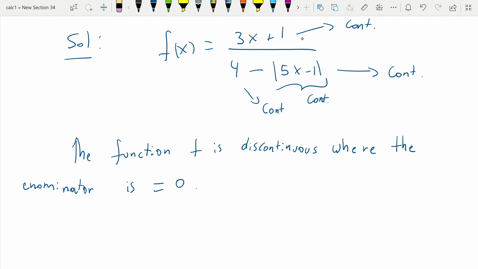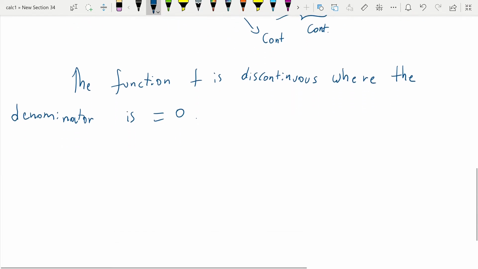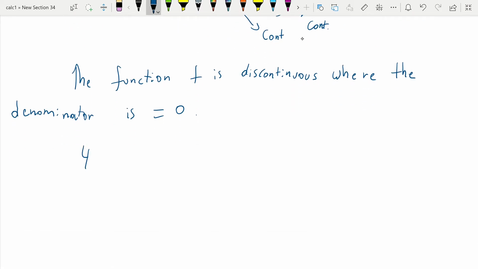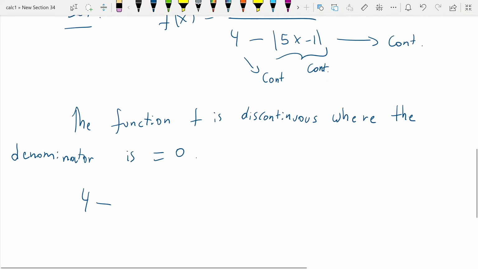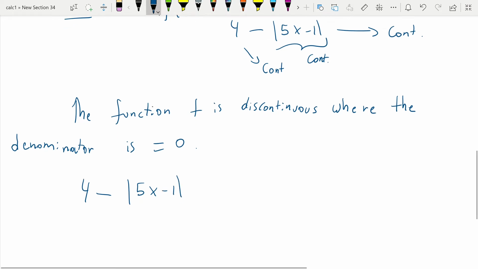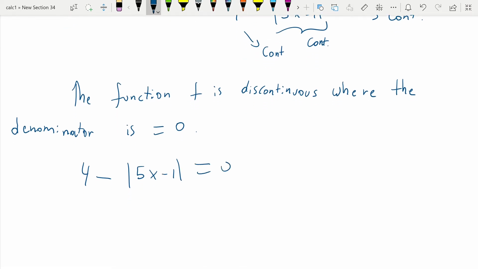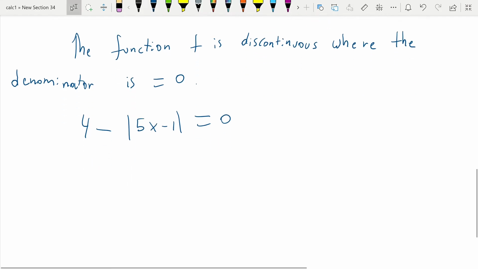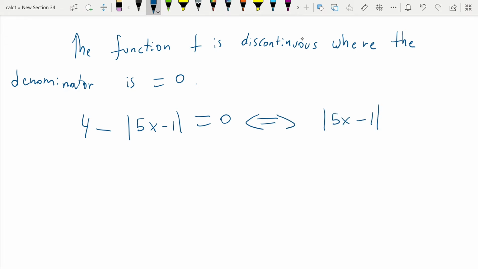Okay, so the denominator becomes 0. The denominator here is 4 minus the absolute value of 5x minus 1. And when will this happen? This happens when the absolute value of 5x minus 1 is equal to 4.